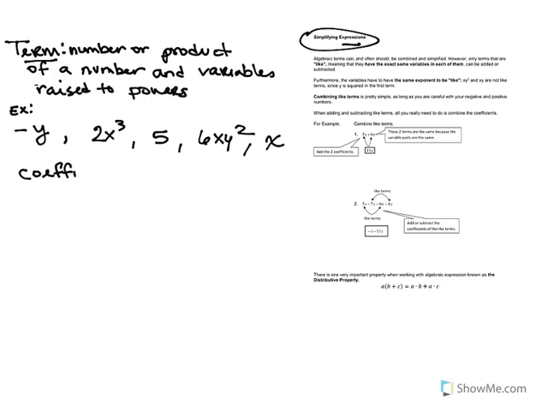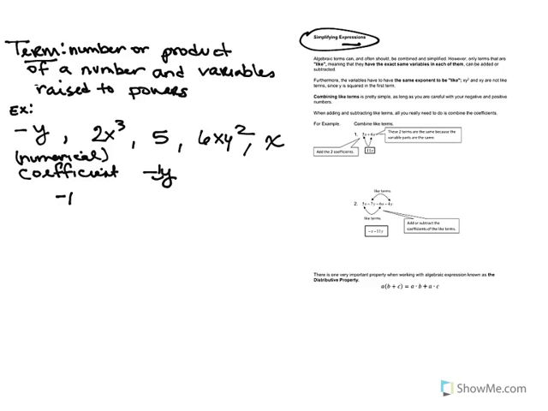A term has a coefficient, also called a numerical coefficient. The numerical coefficient is the number that leads the term. So in the example negative y, the leading coefficient is -1.